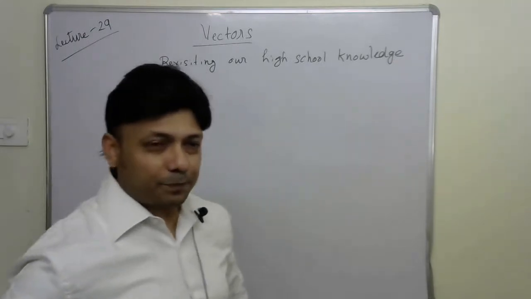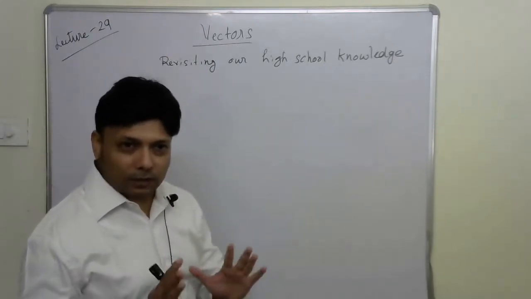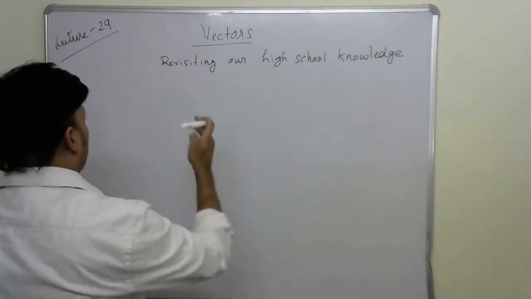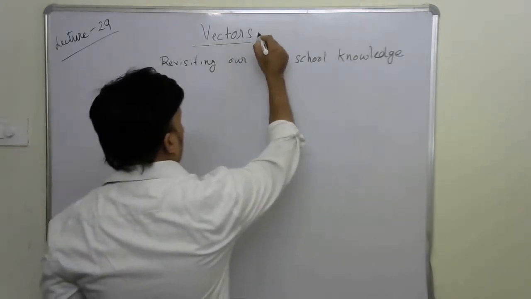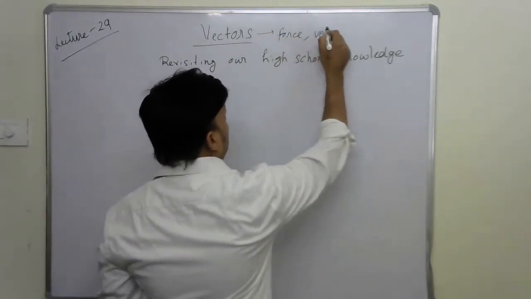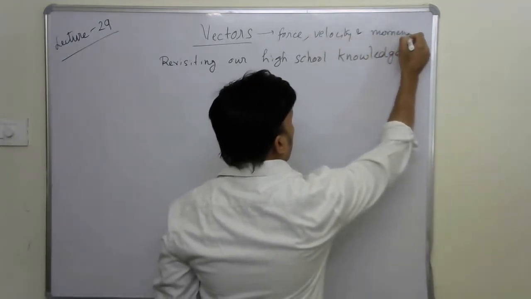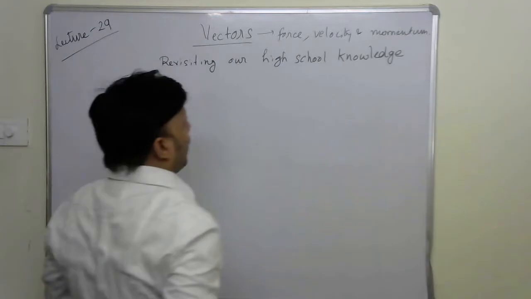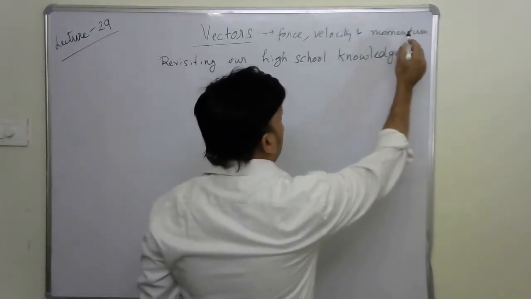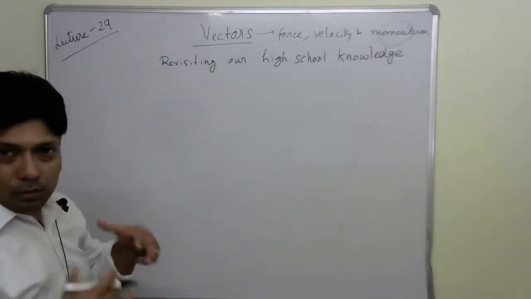So today we are going to revisit some of our basic knowledge regarding vectors that we have learned back in our high school. So vectors are very important, right? They define force, velocity and momentum, etc. And in the context of quantum mechanics, we would be studying this momentum quite a bit.